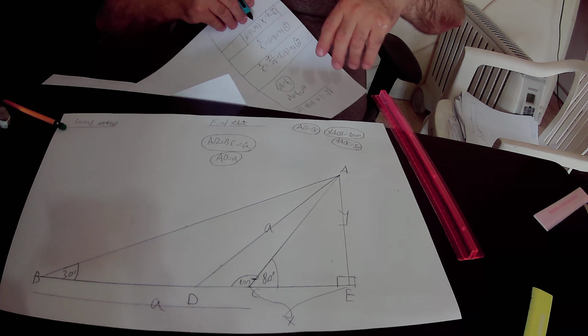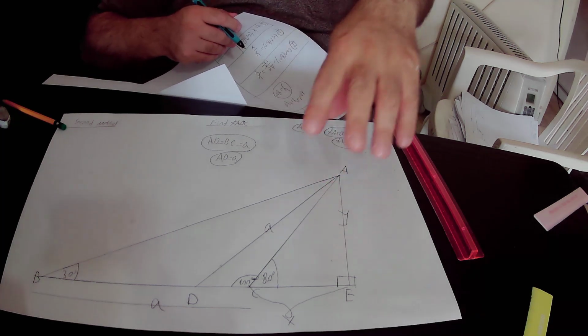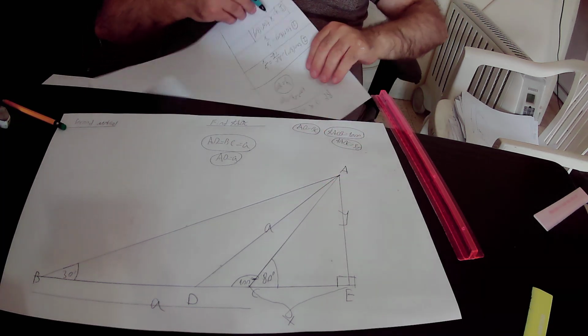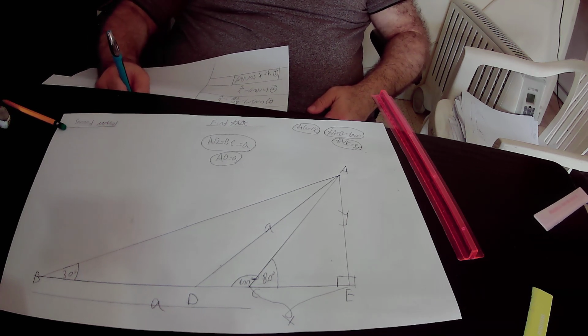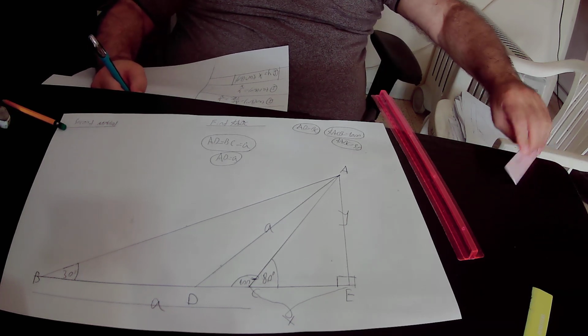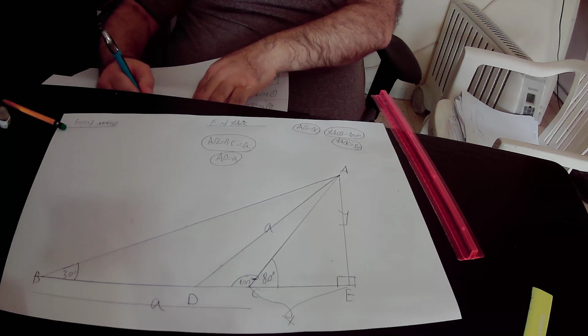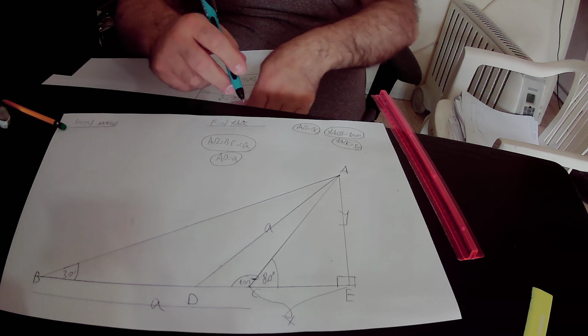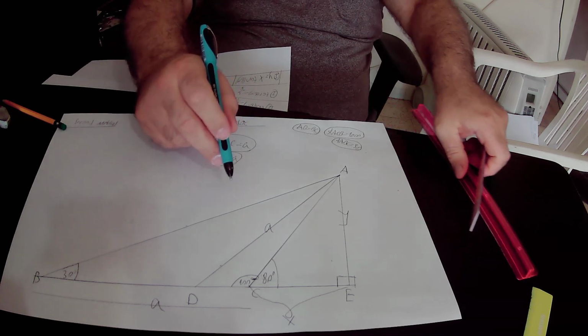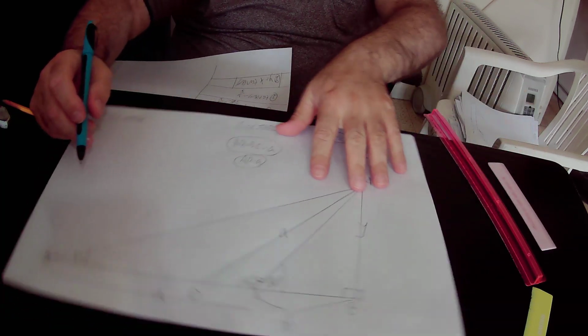In the next step, we will focus on triangle ADE, the right triangle ADE. But first of all, we will define the angle that we are looking for, that is to say angle ADE, as angle theta.